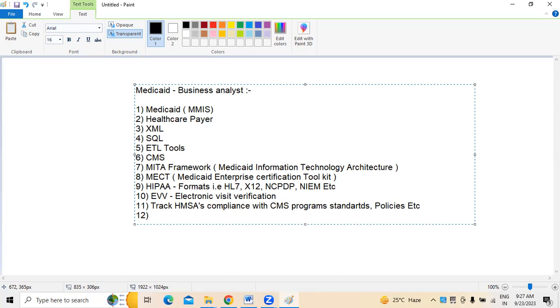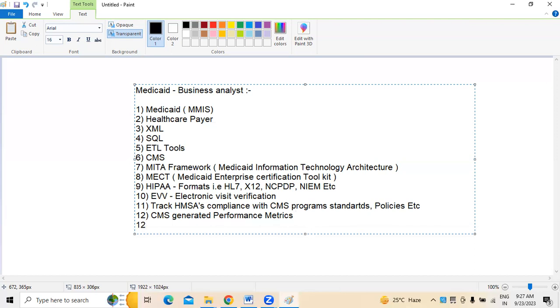We also need knowledge of CMS-generated performance metrics, because different performance metrics will be prepared whenever we are working on the CMS part, from the payer perspective. That knowledge is also required.